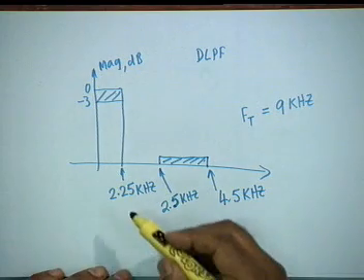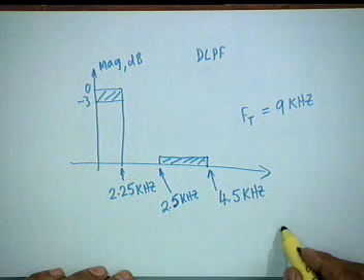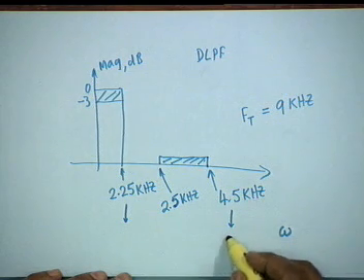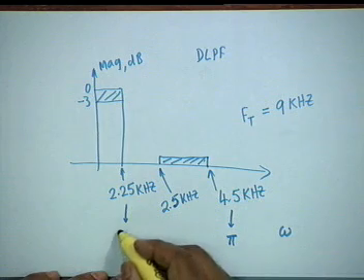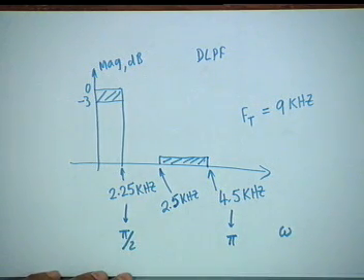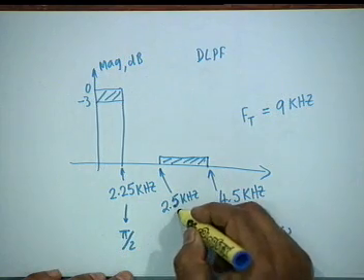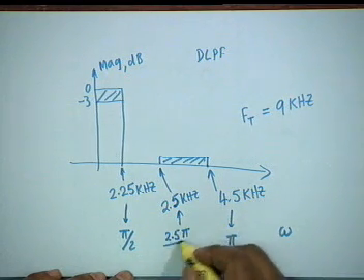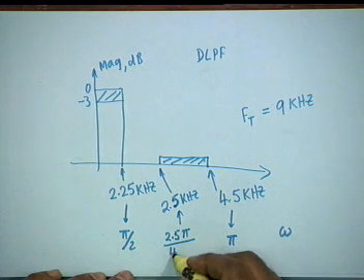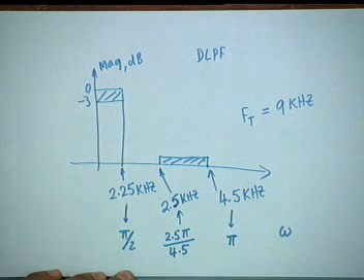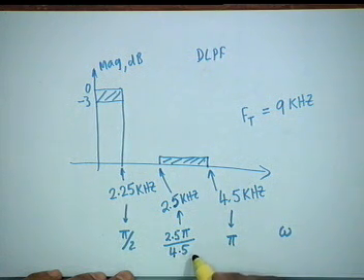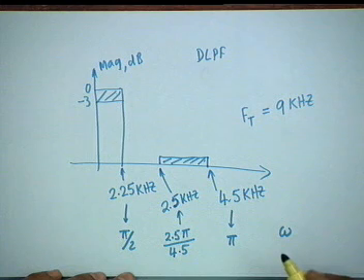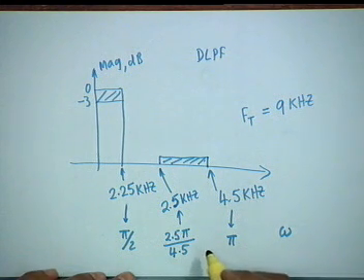In terms of omega, 4.5 kilohertz corresponds to pi. So this is pi by 2, just to keep life simple. And 2.5 kilohertz corresponds to 2.5 pi divided by 4.5, which is 5 pi by 9.